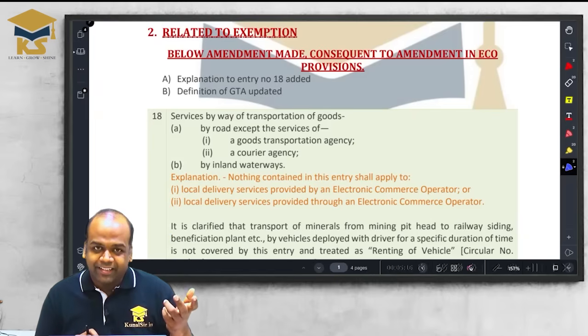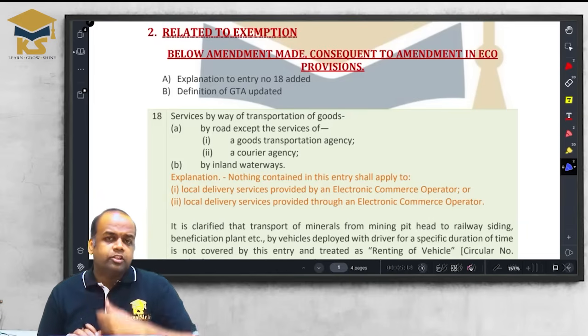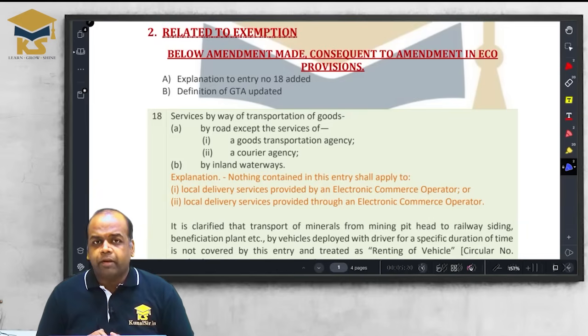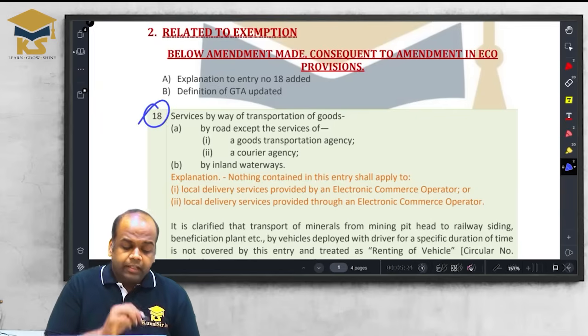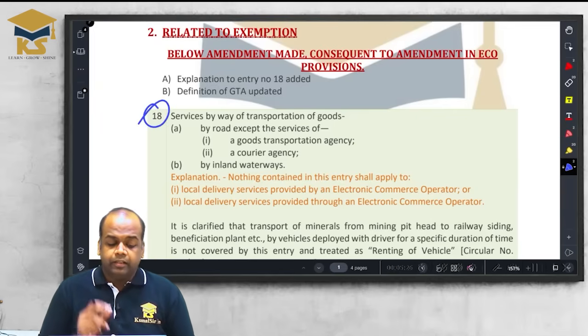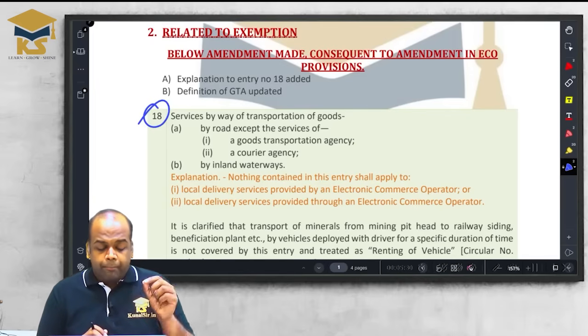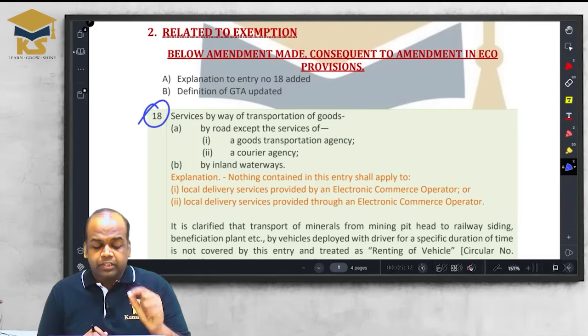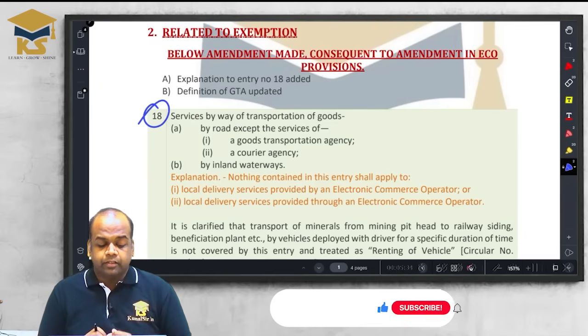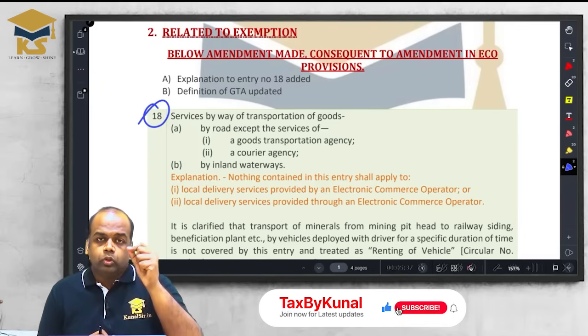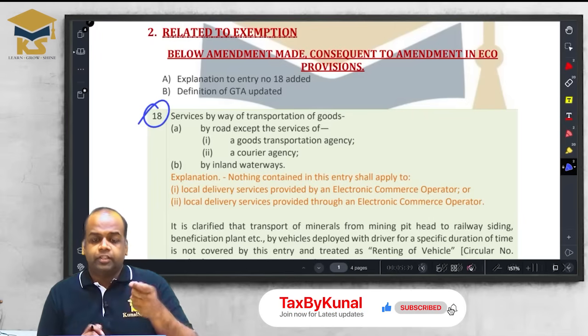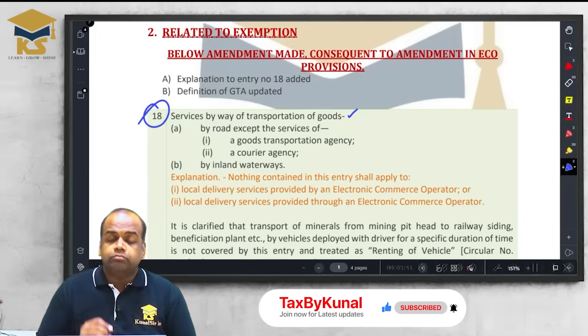Local delivery. Now, who has to pay GST on local delivery if provided through an e-commerce operator? ECO. Now, entry number 18 reads: services provided by way of transportation of goods by road except services of GTA and courier agency. So the person providing local delivery services might be covered here.